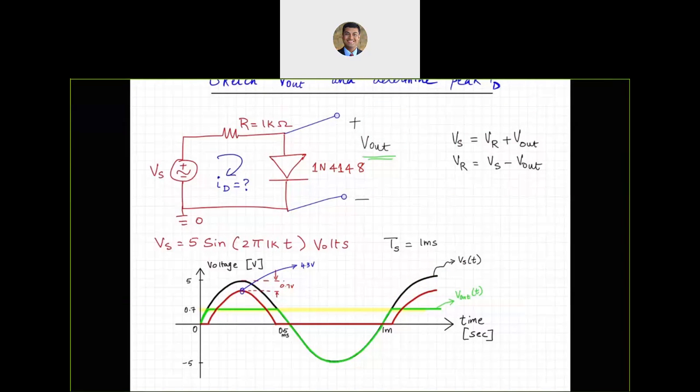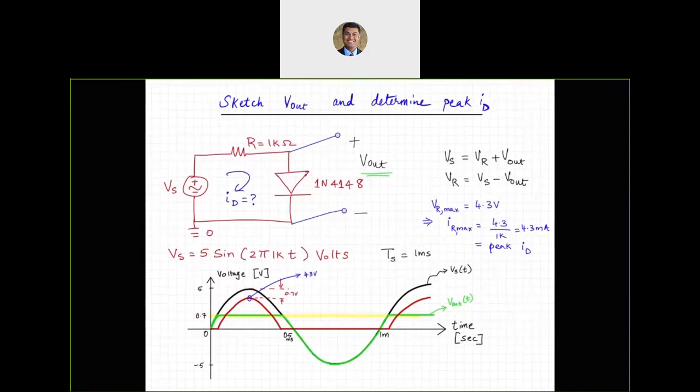So that's VR max is 4.3 volts, which implies that IR max is going to be 4.3 divided by, what do we have for the value of the resistor? 1K, which is equal to 4.3 milliamps, and this is also the peak ID, because IR max is the same as ID max. So that's your peak ID.